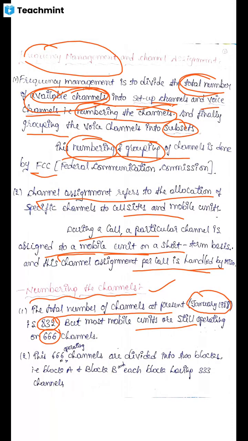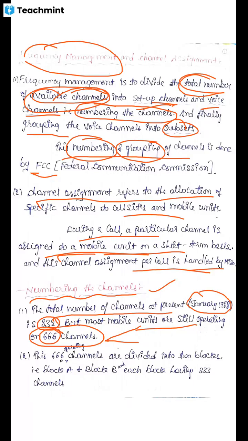So the total number of available channels is 666. Now according to the frequency management concept, I will manage these 666 channels into numbering and then group them. So how will I give the numbers to these channels?